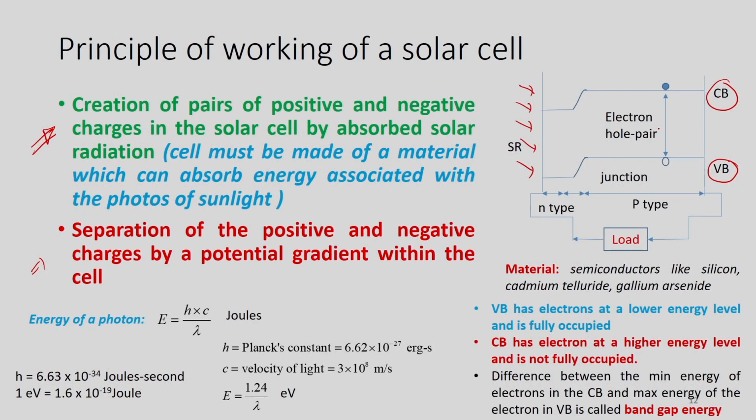The valence band has electrons at lower energy level and it is normally fully occupied, and the conduction band has electrons at higher energy level and it is not fully occupied. So, the difference between the minimum energy of the conduction band and the maximum energy of the electrons in the valence band is known as the band gap.